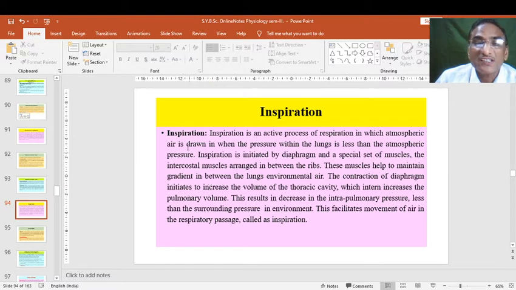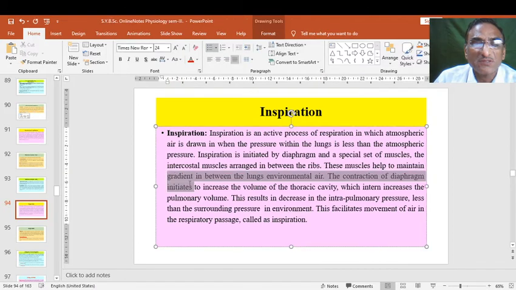In another way, inspiration is initiated by the diaphragm and a special set of muscles called intercostal muscles, and they are arranged in between the ribs. These muscles help to maintain the gradient between the lungs and environment. They maintain the gradient means, in a simple way, they maintain the balance of the gases, oxygen and carbon dioxide.